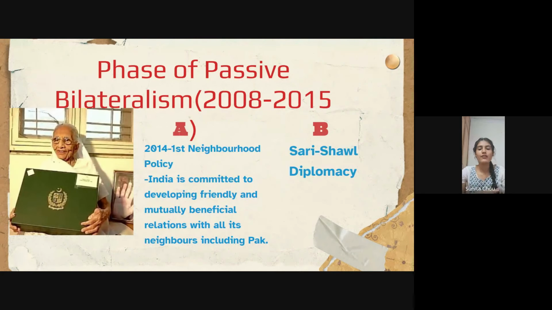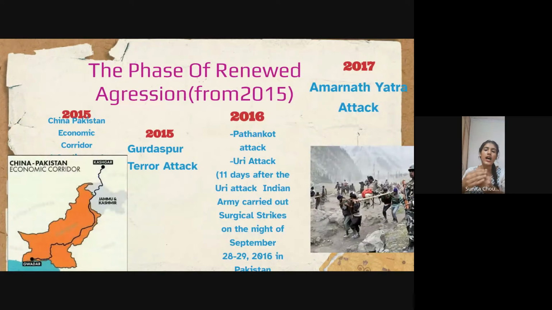And also there was Sari Shawl diplomacy, which meant that the Pakistani Prime Minister Nawaz Sharif gifted a sari to Prime Minister Mr. Narendra Modi ji's mother, and then later in the next year Mr. Narendra Modi ji gifted a shawl to Nawaz Sharif's mother. That's how it was the phase of bilateral dialogue, but it did not last long.